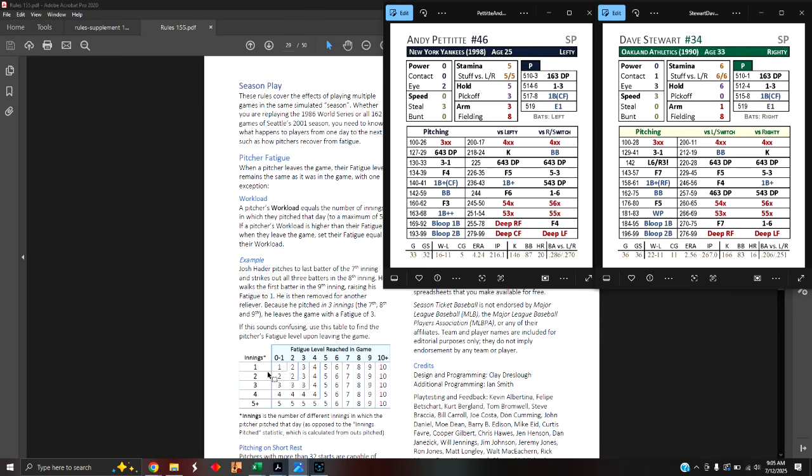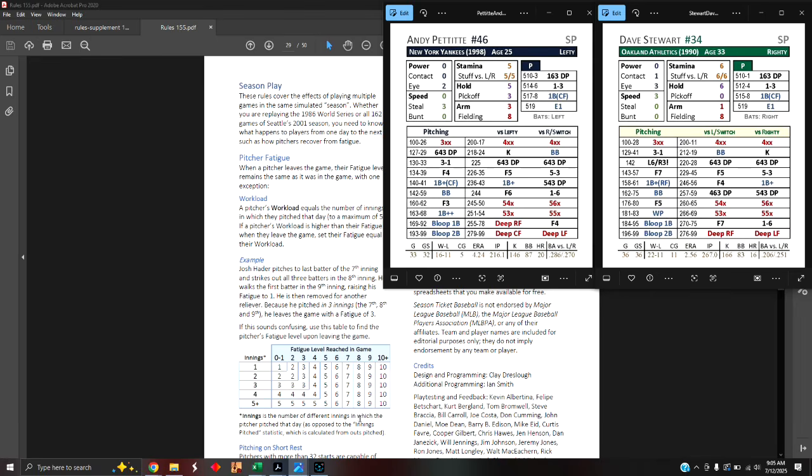If they pitch 5 or more innings, their fatigue level is at least going to be 5. So the fatigue level is at least going to be the number of innings they pitched, or the fatigue level they reached in the game, whichever is higher.